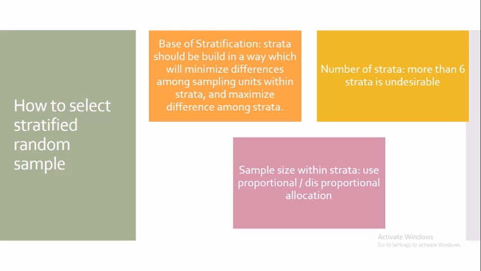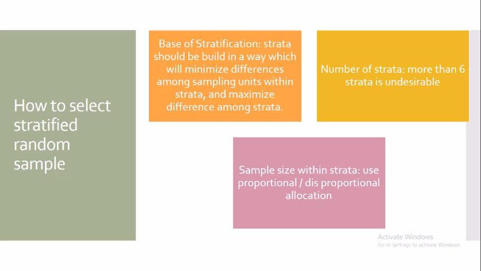You have to divide the groups in such a way that each group has peculiar characteristics or behavior: within the group it should be homogeneous, but between the groups it should be heterogeneous. You should maximize the difference there.